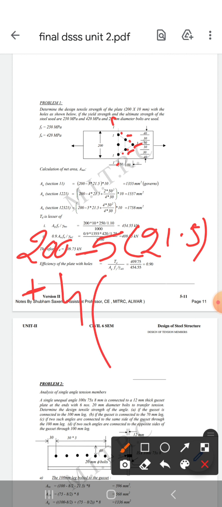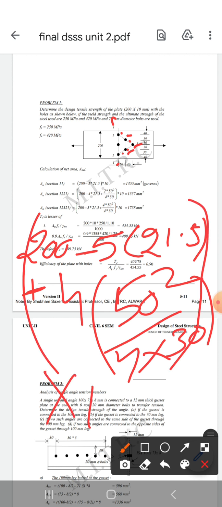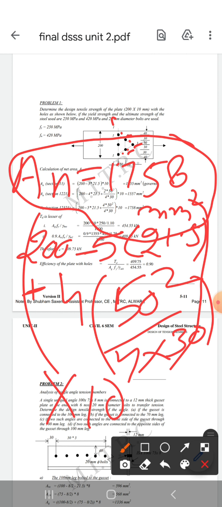So 4 multiplied by staggered pitch 50 square divided by 4 into g, the value of g is 30, and this whole is multiplied by 10 to calculate the net area, which comes out to be 1758 mm square. So this is the case.